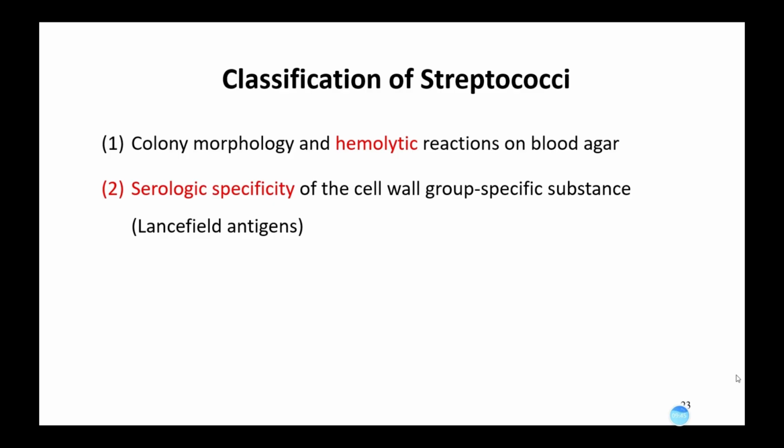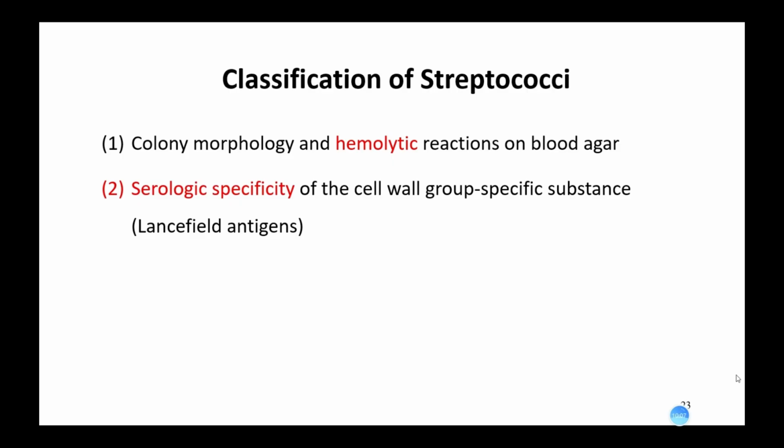The bacteria can be classified or categorized into different groups based on different criteria. First, if we check their colony morphology and their hemolytic activity, whether they can lyse red blood cells or not, we can group them into 3 different types.